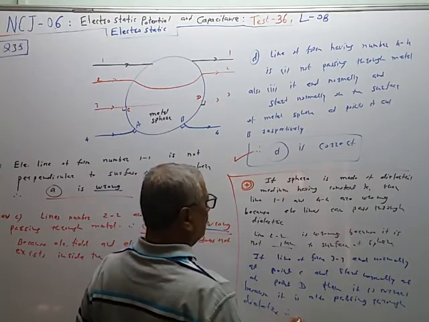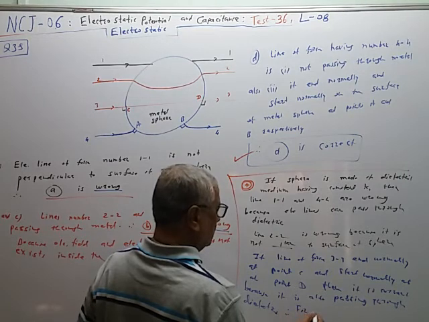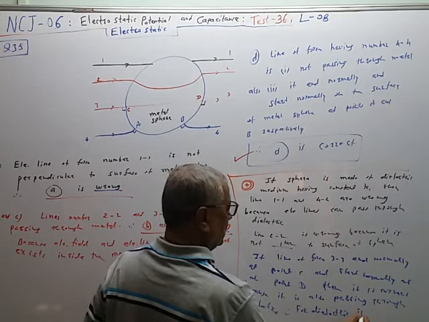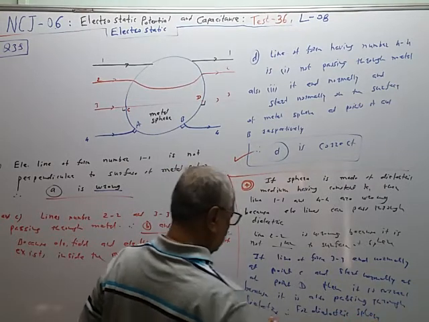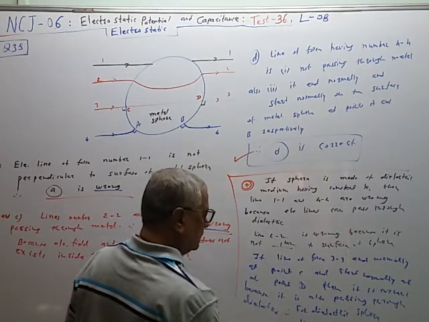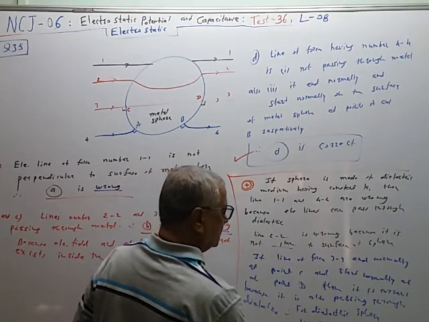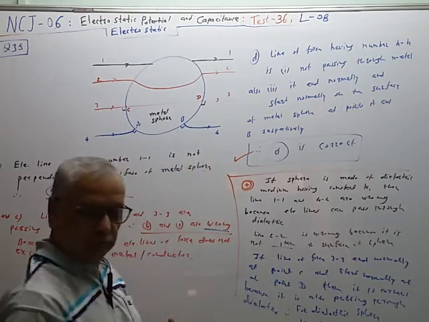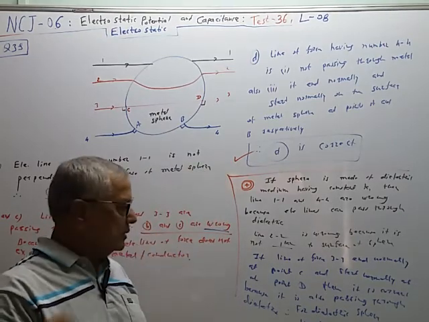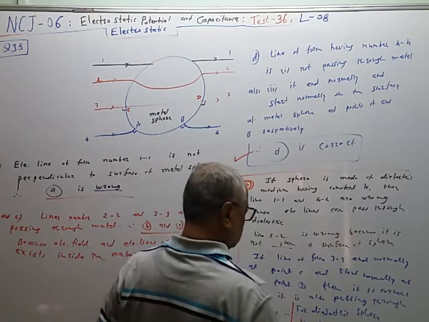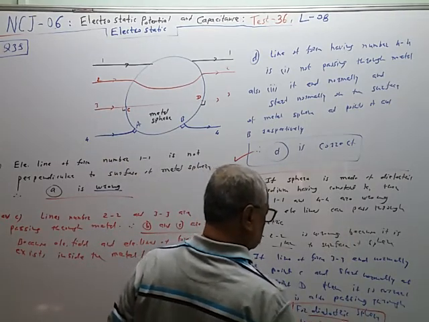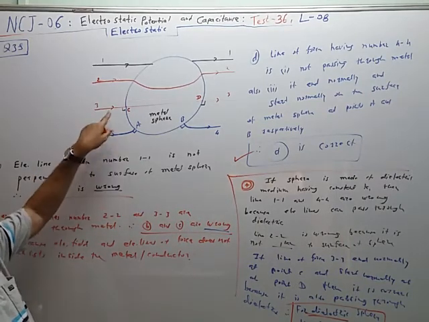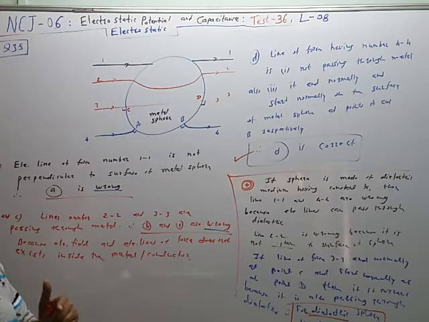Therefore, for dielectric sphere, line 3 is correct. Line 3 is the correct. If it is a metal sphere, then line number 4 is correct. If it is a dielectric sphere, then 3 is correct.